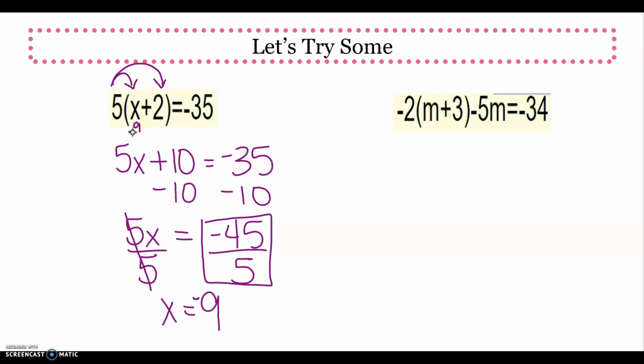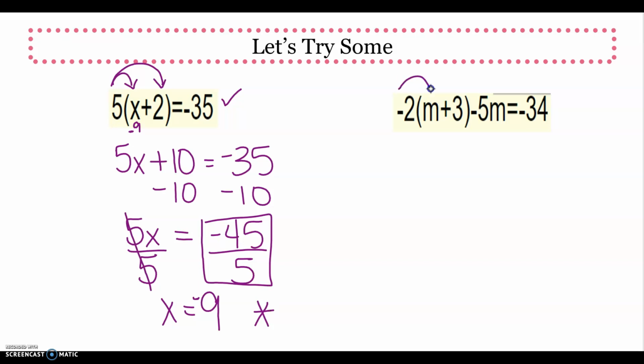Negative 9 plus 2 gives me negative 7 inside parentheses. 5 times negative 7 gives me negative 35, so it checks. That checking step is so important. Go back and evaluate with what you have found for your variable to make sure that your answer is correct.